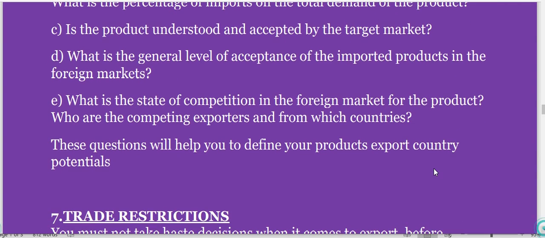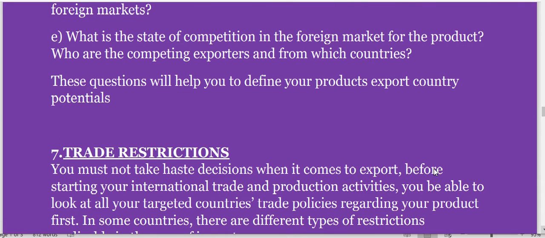Okay, these questions will help you to define your product's export potentials, whether your product will do well in the chosen country or not.